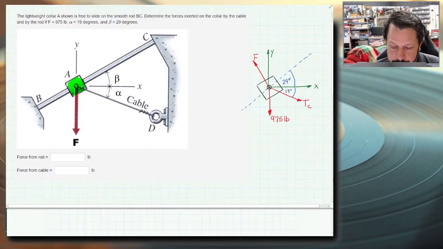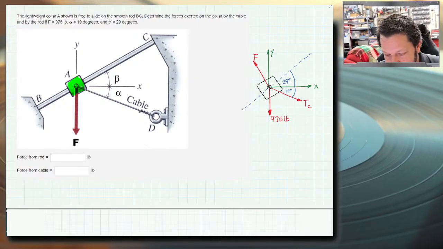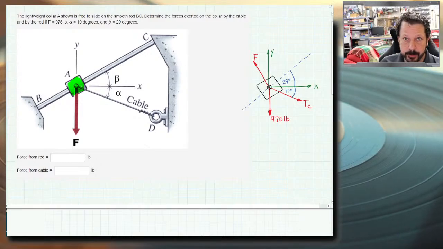So in this case, the angle of the force F is perpendicular to this line. An easy way to establish perpendicular is if the dotted line represents the shaft BAC and it's 29 degrees from horizontal, the x-axis, then perpendicular to that is 29 degrees from the vertical axis.